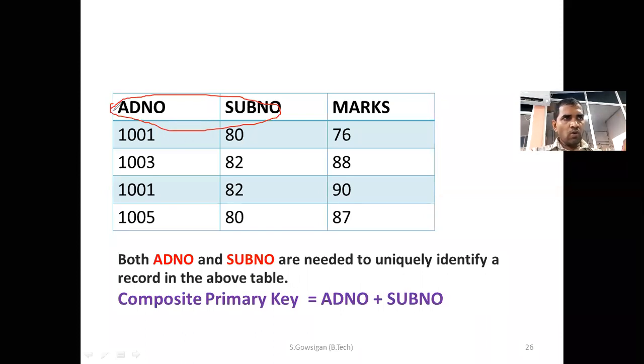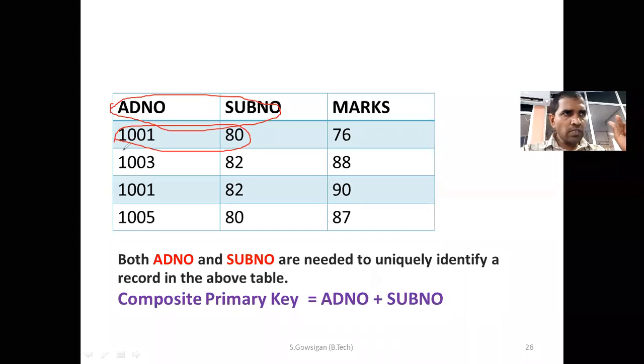So when I combine these 2 data, my first data looks like this one. This is my first data. Have you understood? Now I join these 2 fields. So when I took individual data, 1001 was alone, right? 80 was alone. But now I combine them together.